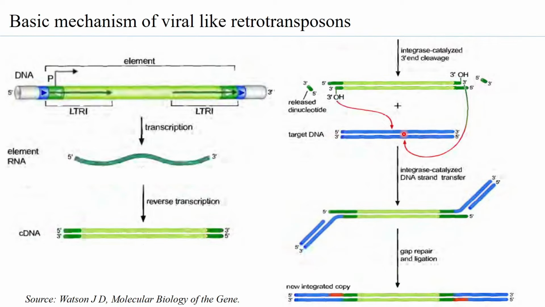So you can see that there is a staggered cut, it's not exactly at the same point, because of which what happens therefore is once the complementary DNA is integrated, you have a portion of the target DNA that needs to be filled up. So there is a gap on both the sides, and that is again filled up, and it's generally the DNA repair proteins that fill up this gap, and then using DNA ligase, all these ends are sealed.